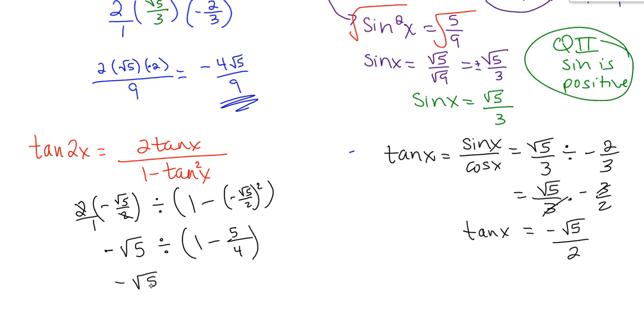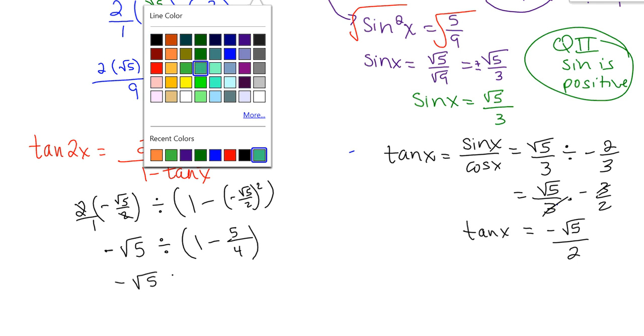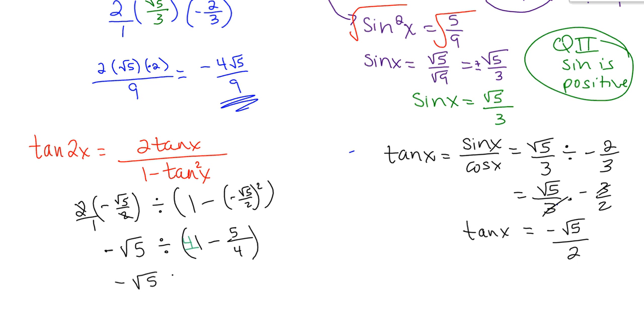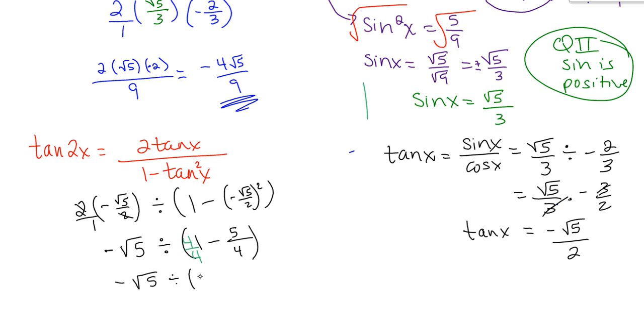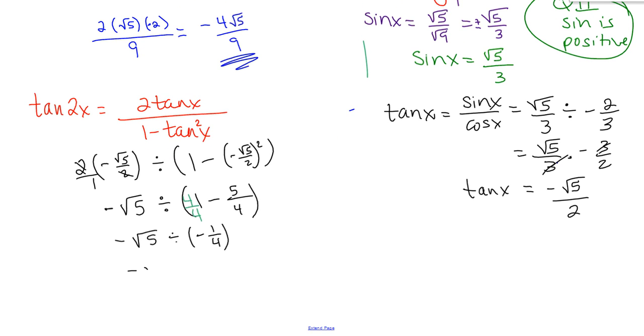So negative square root of 5, we need a common denominator, right? So 4 over 4 here. So this will be divided by 4 minus 5, so negative 1 over 4. Okay, negative square root of 5 times, flip that over, negative 4 over 1, which is positive 4 square root of 5. I like it.